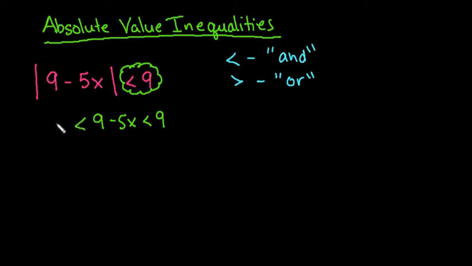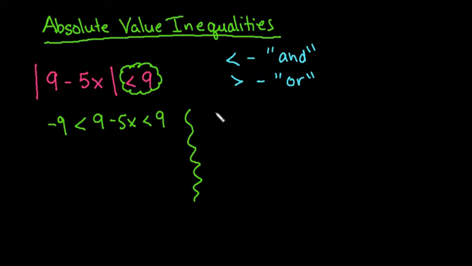So you can write it together as a compound inequality where your expression is in between. Or if it's easier for you, either way you end up with the same solution.